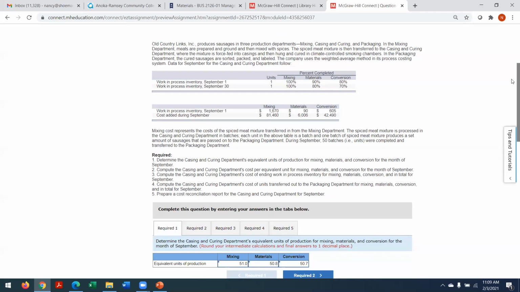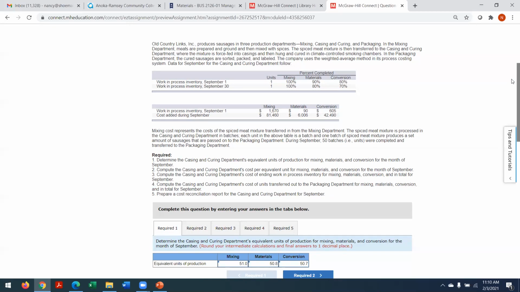Each unit in the above table is a batch, and one batch of spiced meat mixture produces a set amount of sausages that are passed on to the packaging department. During September, 50 batches or equivalent units were completed and transferred to the packaging department.